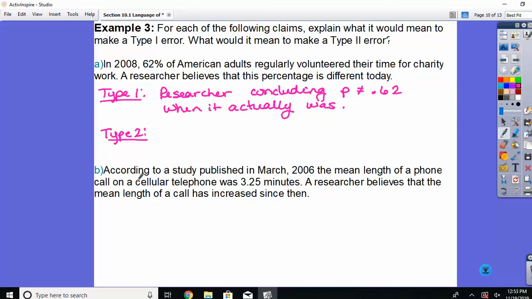So the researcher thinks their alternative hypothesis is true, but it was really the null.